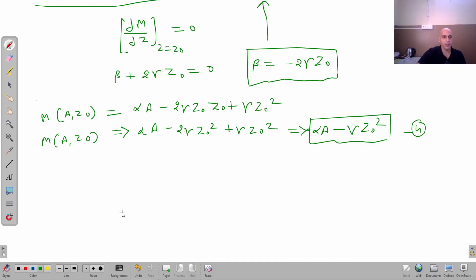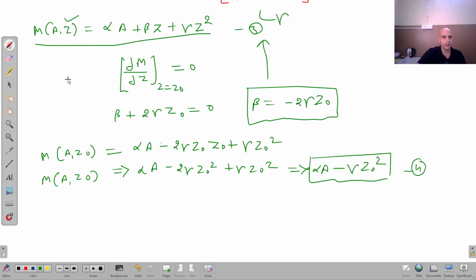So M A Z we already know, M A Z is given here, right? So now what we are going to do, we are going to replace Z by Z naught here in M A Z again, then that equation will become M A Z, that is equal to alpha A minus 2 gamma Z naught Z plus gamma Z square.